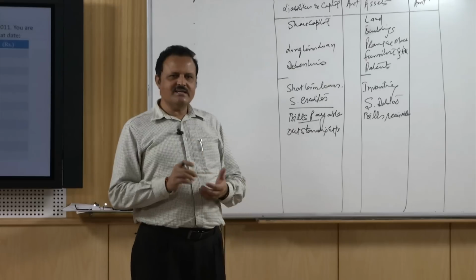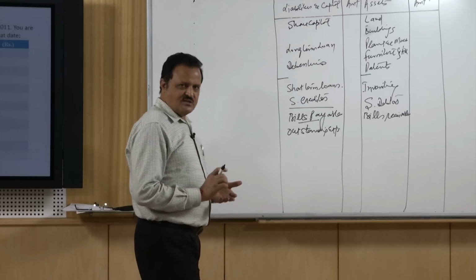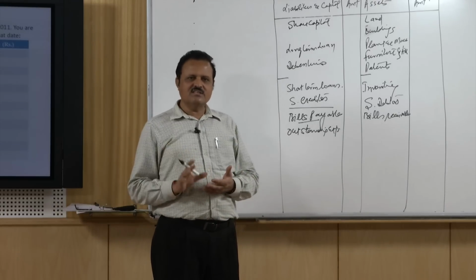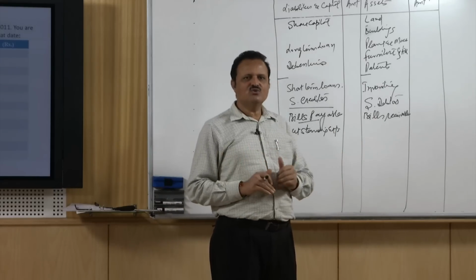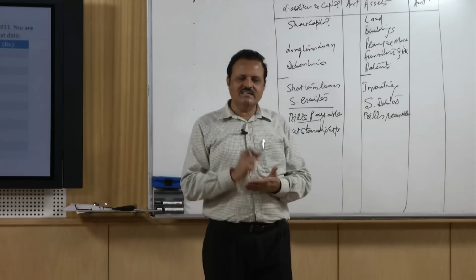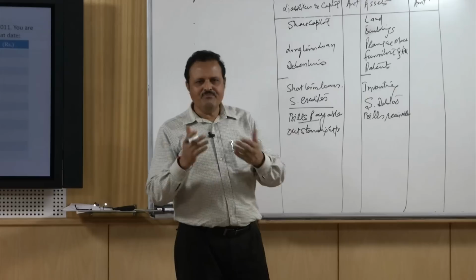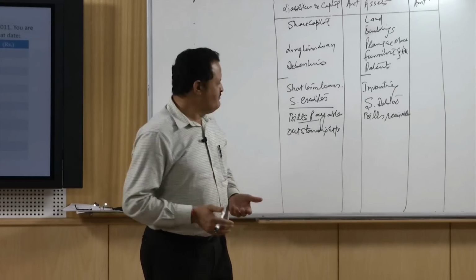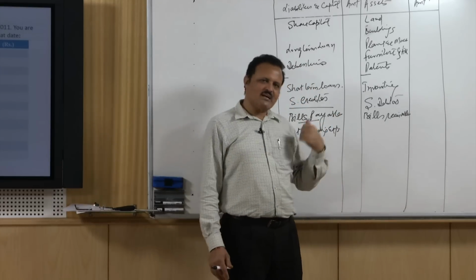They will write that we have sold goods worth rupees 50,000 to this person or company, and this company will pay us rupees 50,000 after a period of 2 months. Then that document will be sealed and signed by the selling company, and given to the legally authorized representative of the buying company or the buying person, and he will put his signature and stamp and return the document to the selling company.